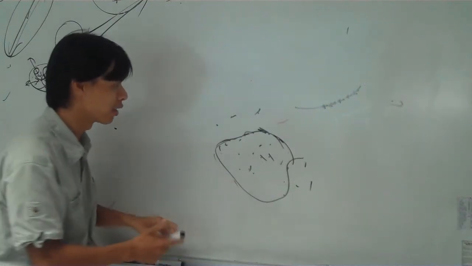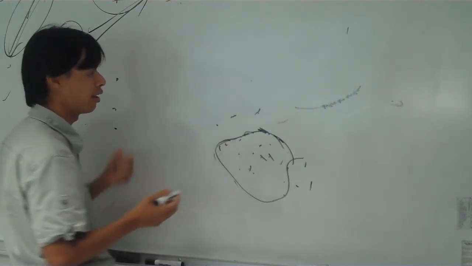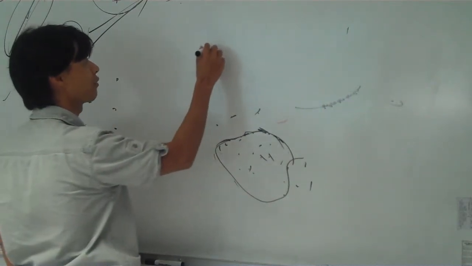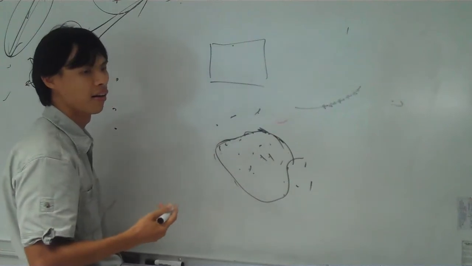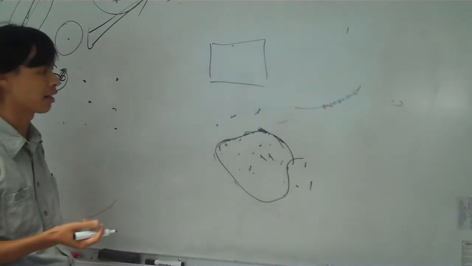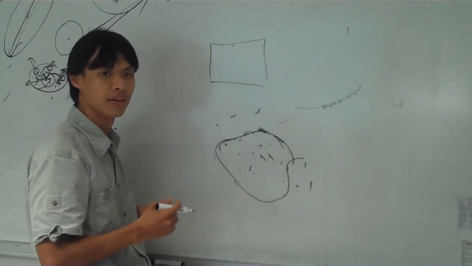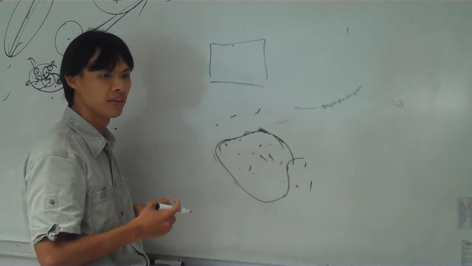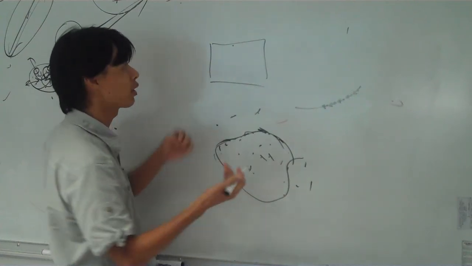For the angle, for example, you can use an edge detector. How do you do an edge detector? For example, you can just do a filter. I forgot what the filter is, but you can use a high pass filter to get the edges.